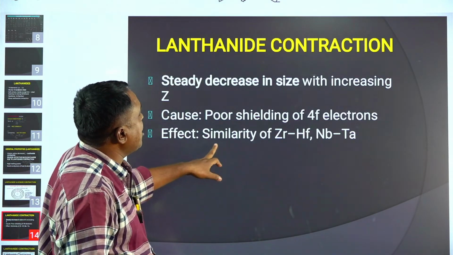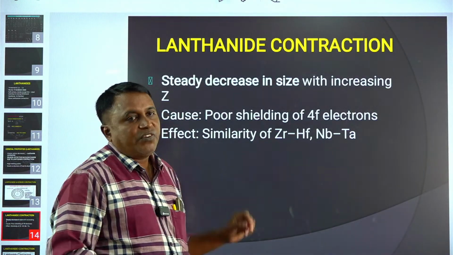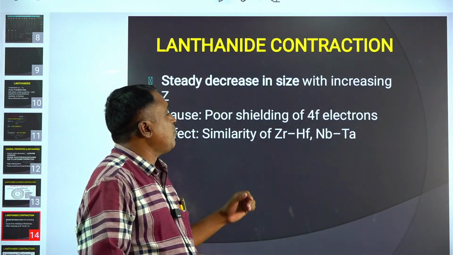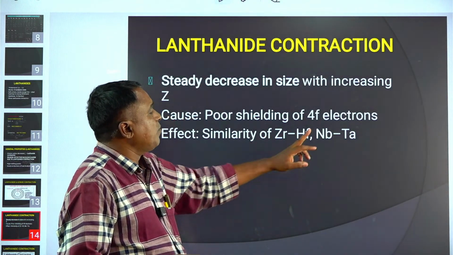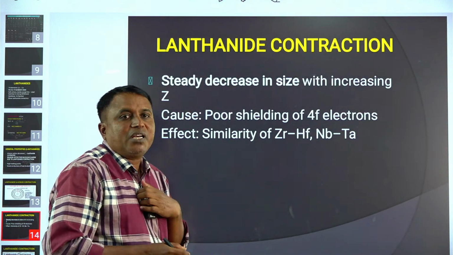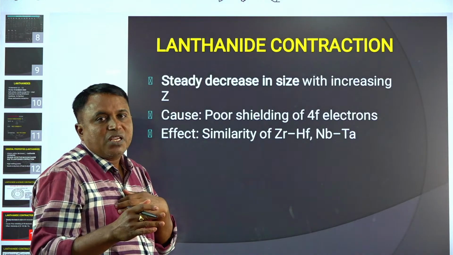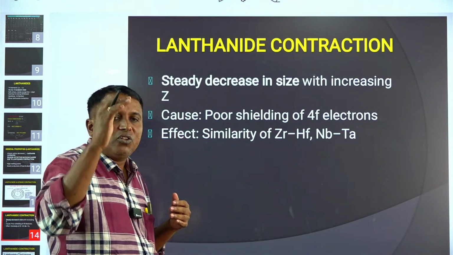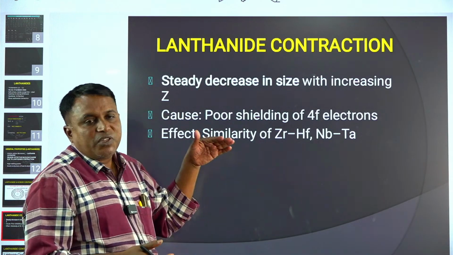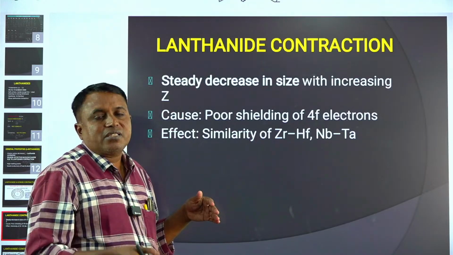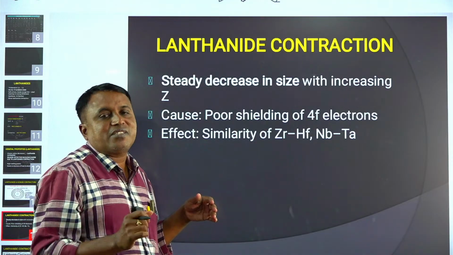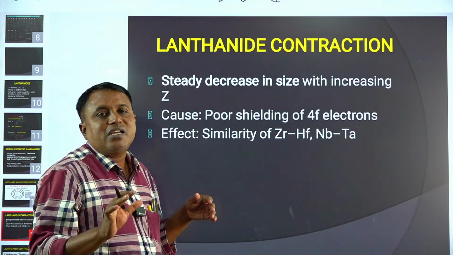Generally, in the case of d block elements, zirconium and hafnium, and niobium and tantalum, there will be similar properties between zirconium and hafnium and between niobium and tantalum. So from 3d to 4d in a group, from top to bottom, atomic radii generally increase. Here also from 3d to 4d it increases, but from 4d to 5d there is a negligible difference in the atomic radii.